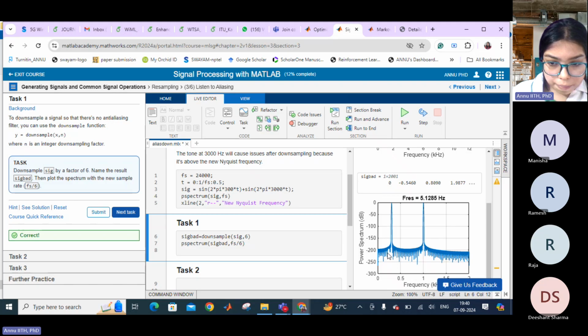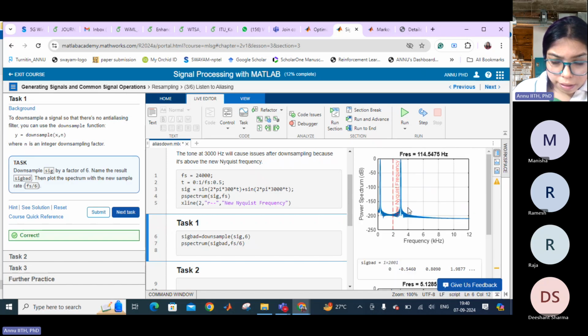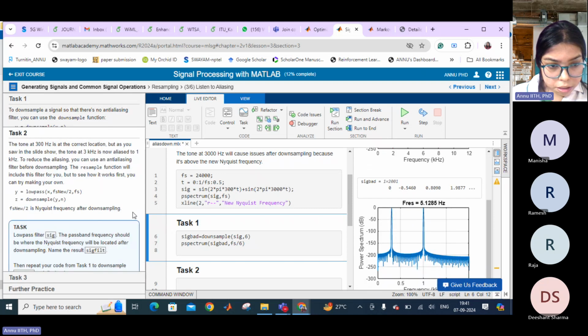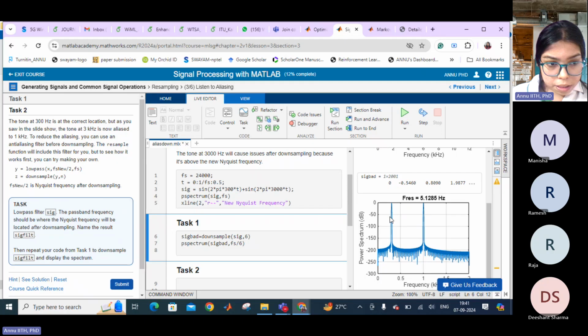Previously you had this. So downsample shows there are some frequency components that will be having more than fs by 2. The tone at 300 hertz is at the correct location, but as you can see in the slideshow, the tone at 3 kilohertz is now aliased to 1 kilohertz. To reduce the aliasing, you can use an anti-aliasing filter before downsampling.